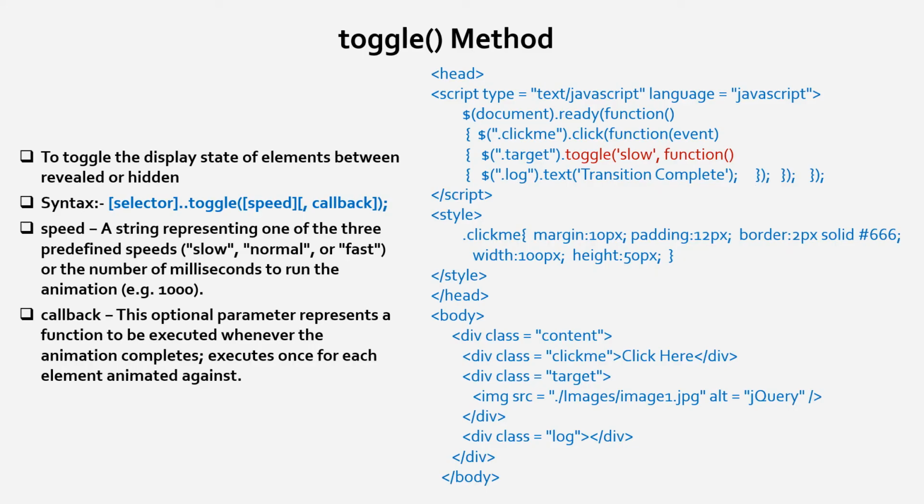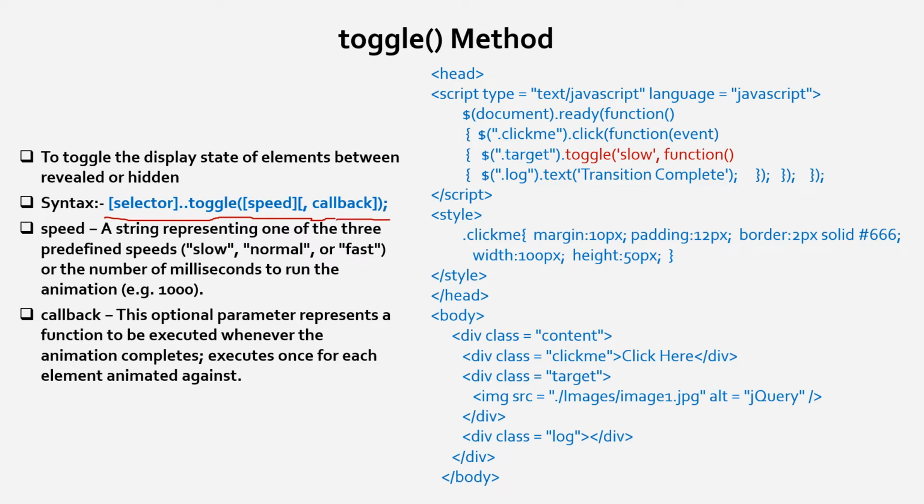In the last session we discussed show and hide methods. Now we are going to discuss the toggle method. The toggle method is used to toggle the display state of elements between revealed or hidden. The syntax is: selector, toggle, then speed, callback and so on.